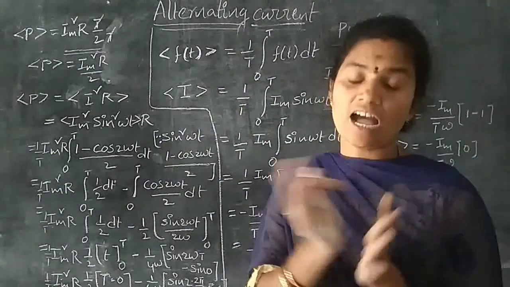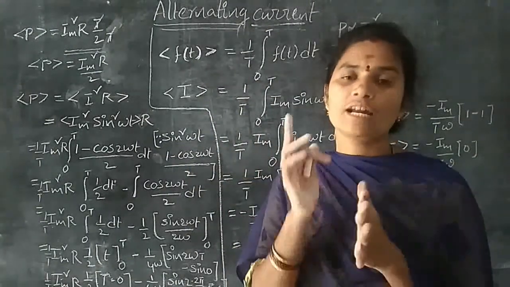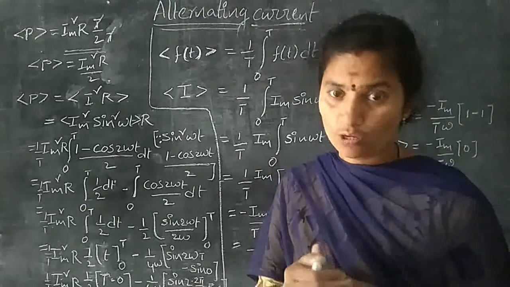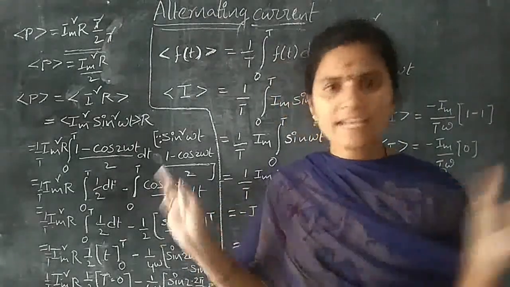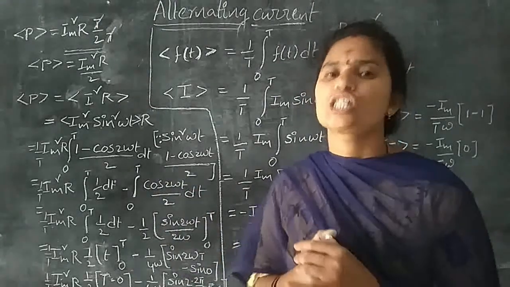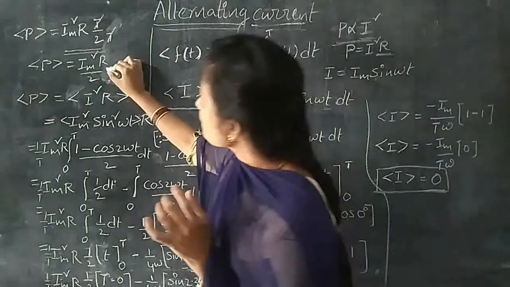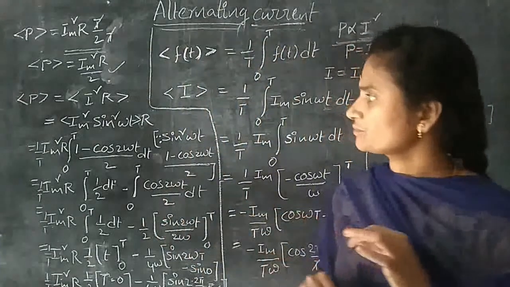For one complete cycle the average current is 0, but the average power cannot be 0. It has some value.